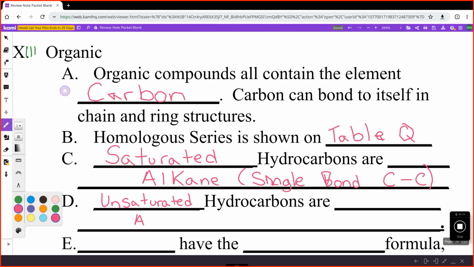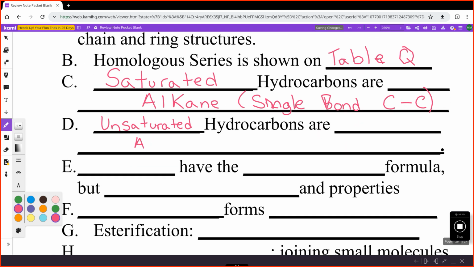Alkenes, with an E, depicted on table Q, and alkynes, with a Y, depicted on your reference table, will have the unsaturated. An alkene will have a carbon-carbon double bond. An alkyne will have a carbon-carbon triple bond. These two things are considered unsaturated.